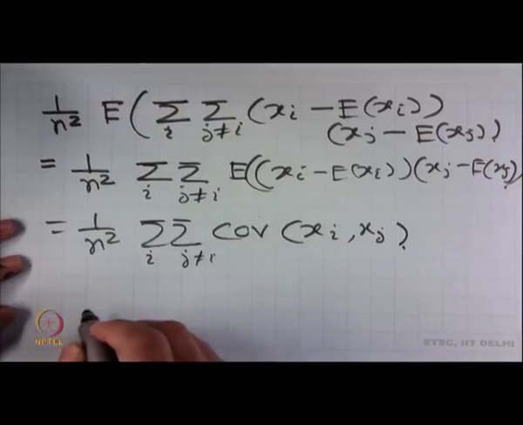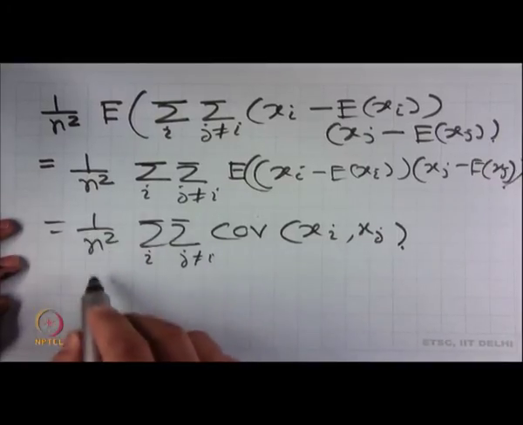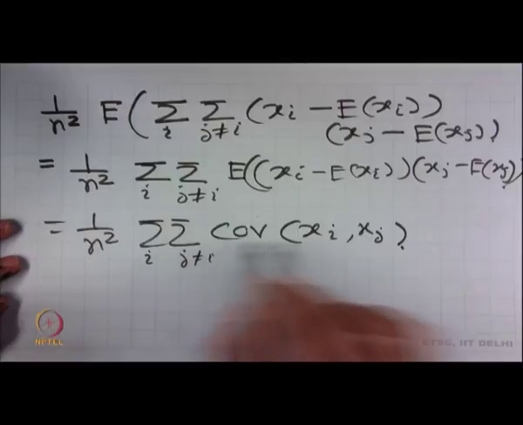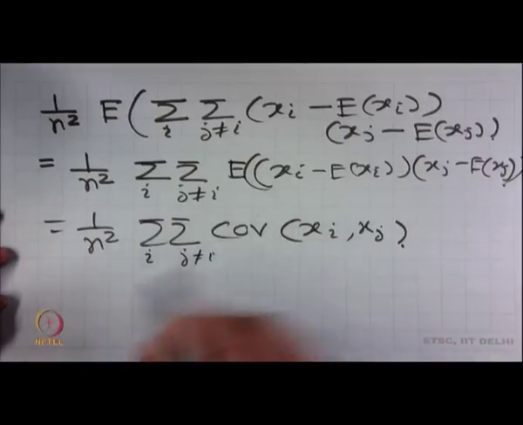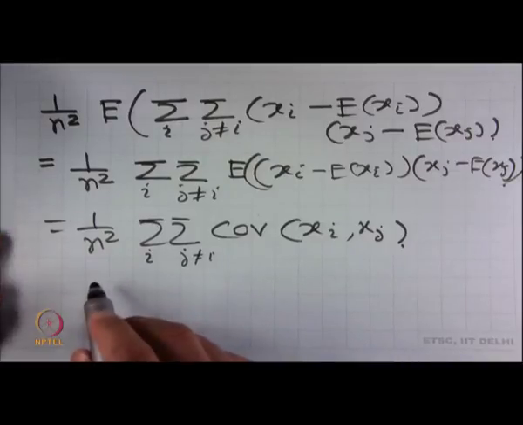So, this is giving us 1 upon n square into the summation over i and j of the covariance of xi and xj for all possible pairs i and j.